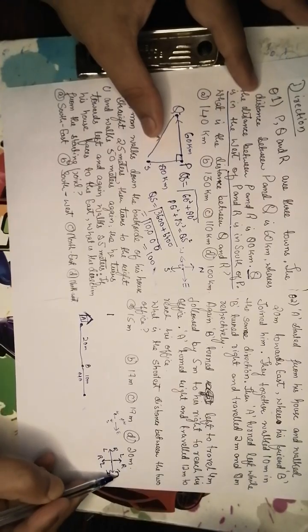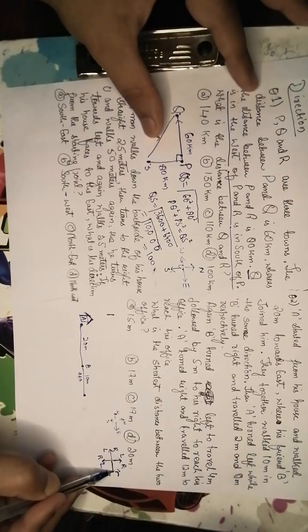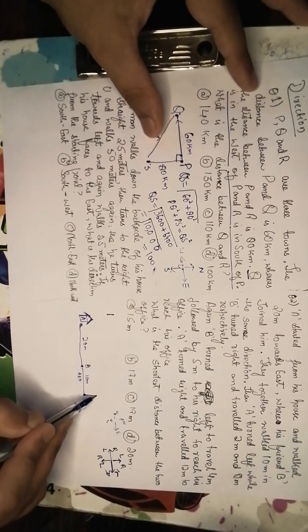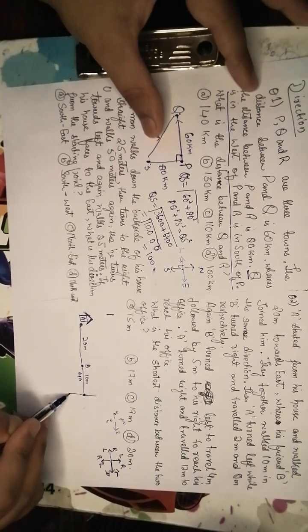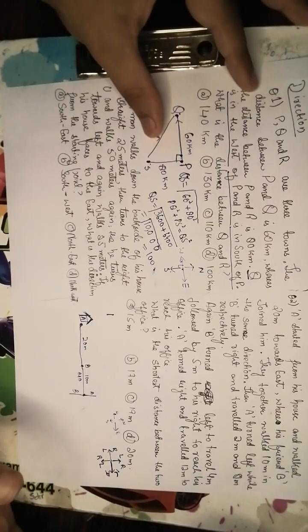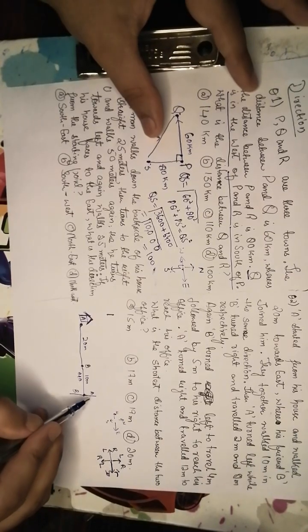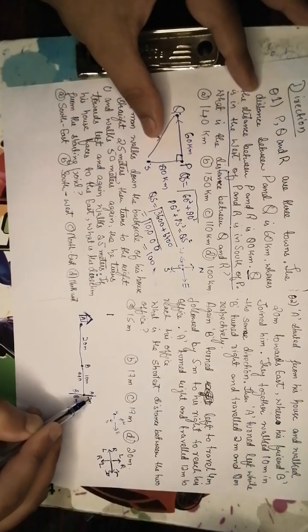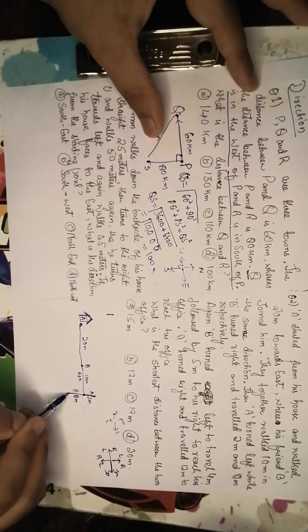What is left here? The left side of this arrow is this side. So B turned here, A turned here. Got it? Now how many meters? This is 2 meters and this is 8 meters. A traveled 2 meters, B traveled 8 meters.